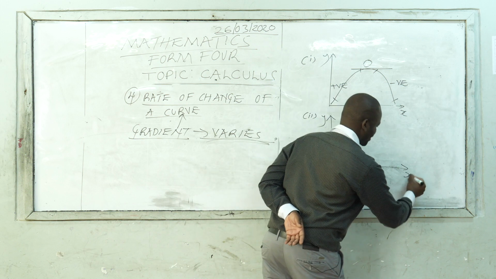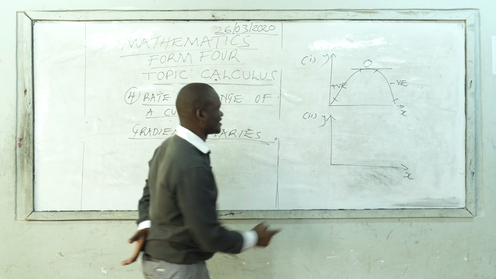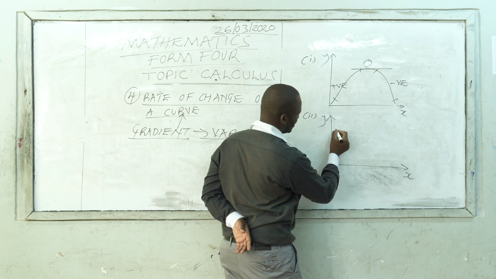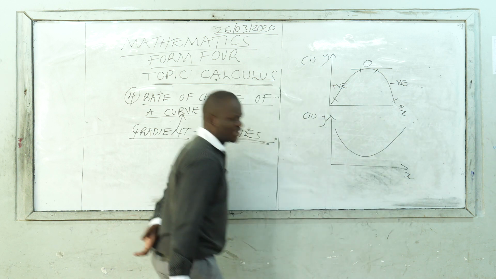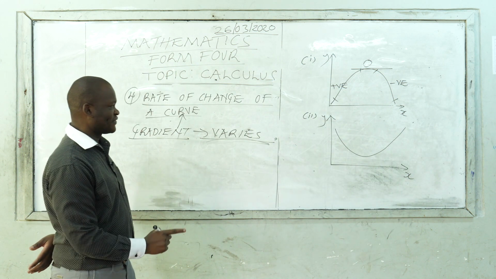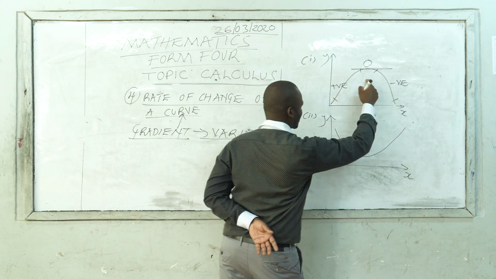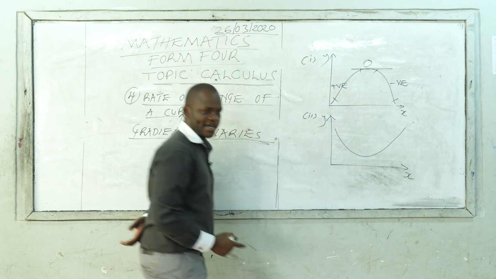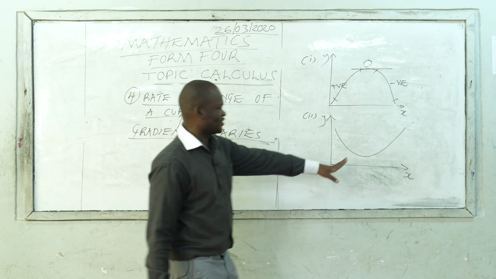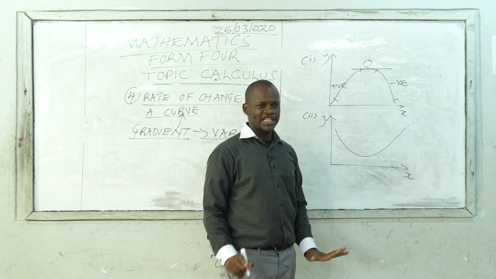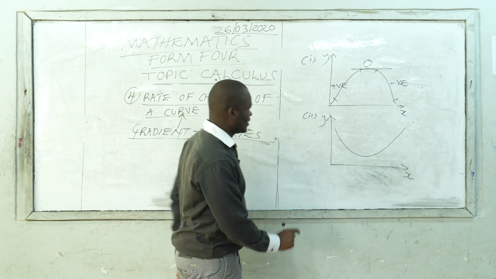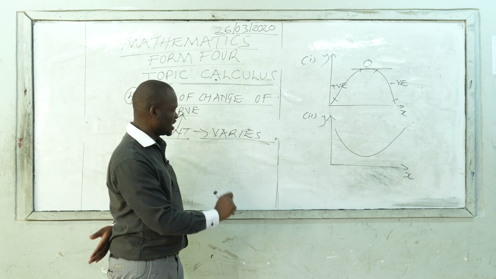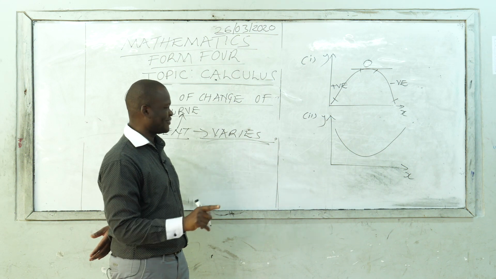So we have the y-axis and x-axis. I'm going to have basically a reverse of that in terms of how the graph is curving. Here it was curving downwards, here it is curving upwards. Now in this second case, what is the variation like? Very simple, having done the nature of the gradient of a straight line.